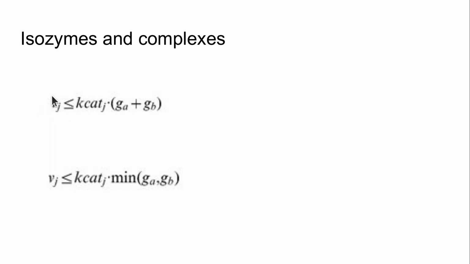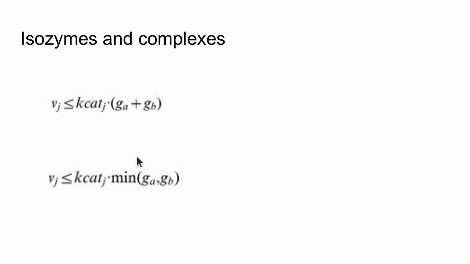So for an isozyme, that's the upper row here, the flux has to be less than or equal to the kcats multiplied by the sum of the enzymes.